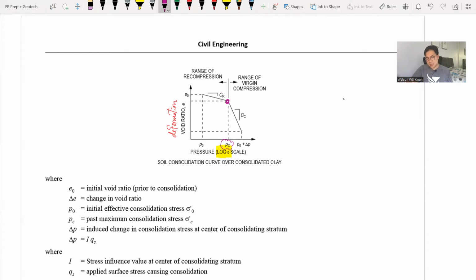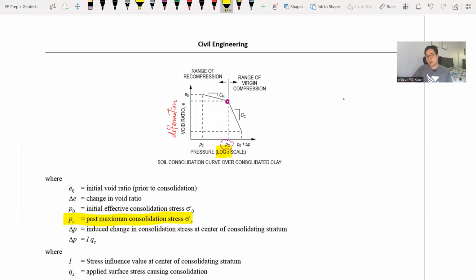And this indicates a very important soil behavior: when you apply a stress that is greater than what the clay has ever experienced, we say it goes beyond the maximum past pressure. So the p'c here stands for the past maximum consolidation stress.